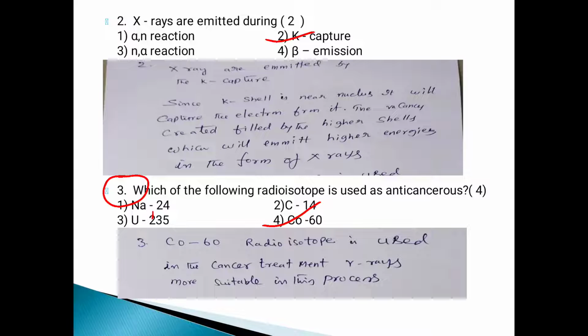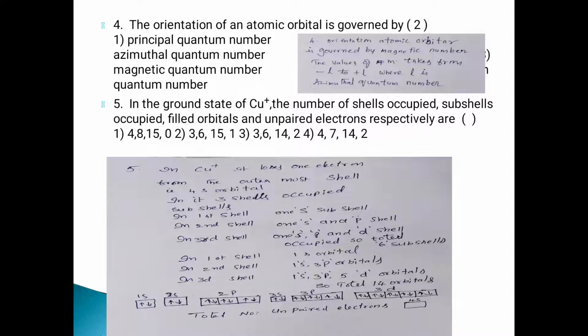Next: the orientation of the atomic orbitals is governed by? Among the quantum numbers, the principal quantum number gives only the shell, the primary shell or orbit in which the electron is present, and the azimuthal quantum number gives the subshell where it is and its shape. The magnetic quantum number gives the orientation of the orbital.